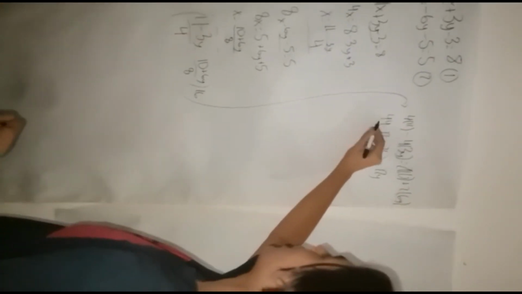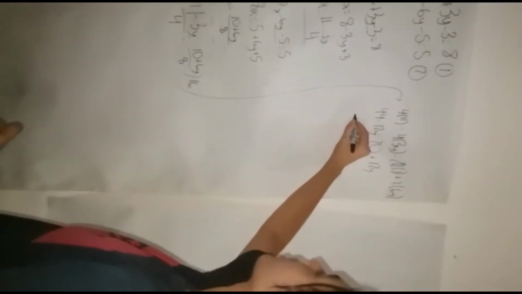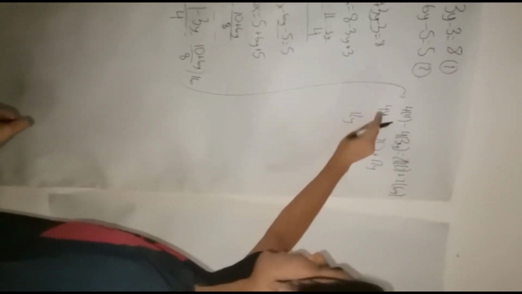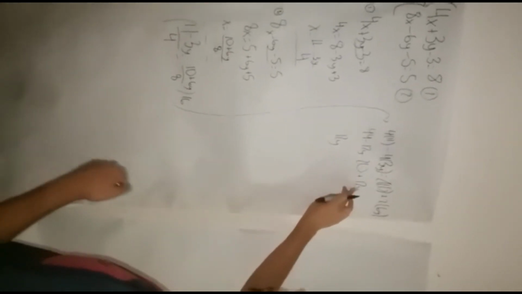Then it would be like this: minus 12y minus 12y equal to 20 minus 44, which gives us minus 24y equal to minus 24. And now we pass this to the right to clear the y, which will be 24 over 24, that gives us 1.